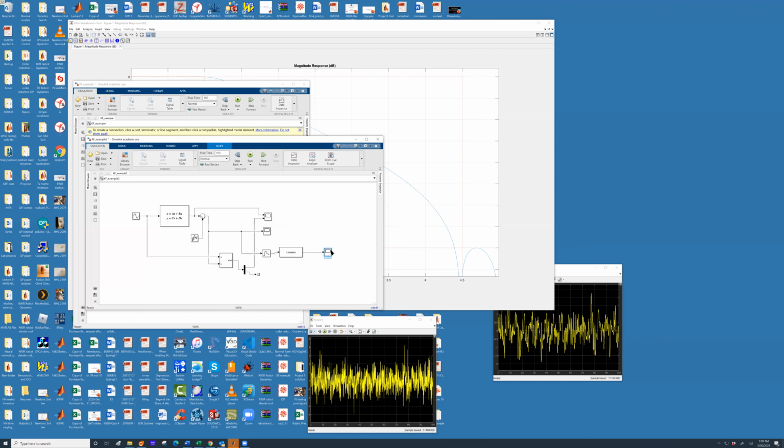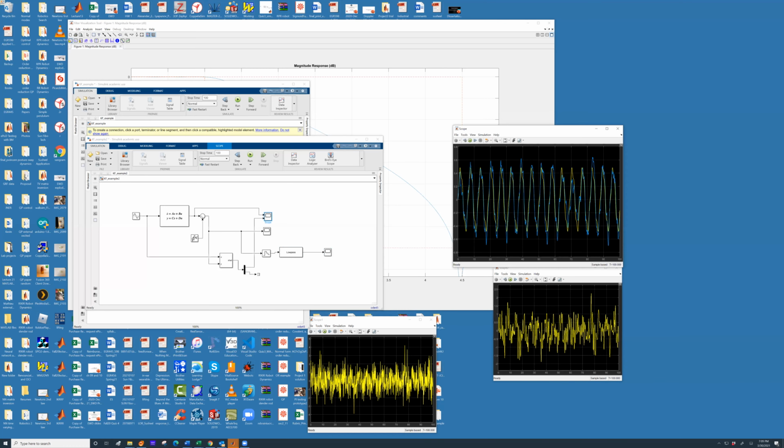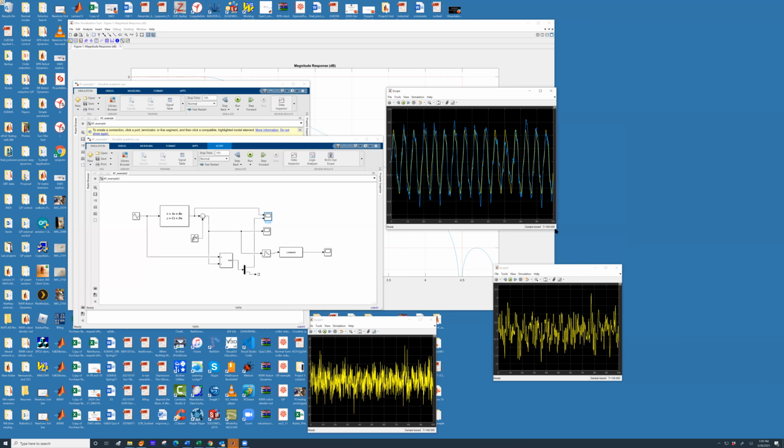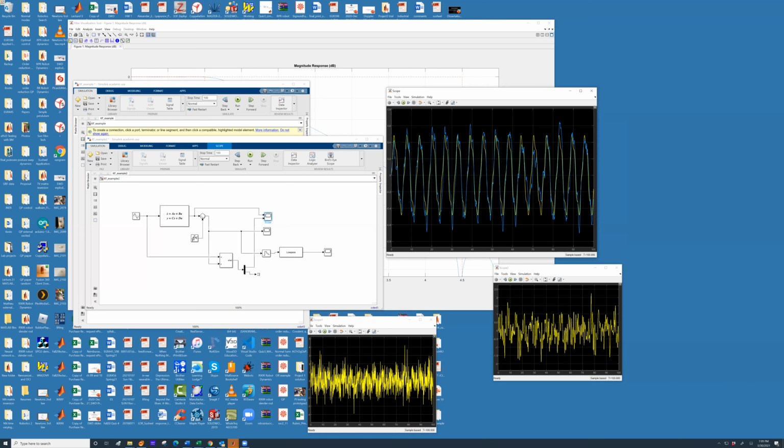And you will notice that even after low pass filtering, the system does not give you a good response. On the other hand, this scope is a comparison with Kalman filter. As you can see, the Kalman filter is tracking or giving you the input or true state very accurately.